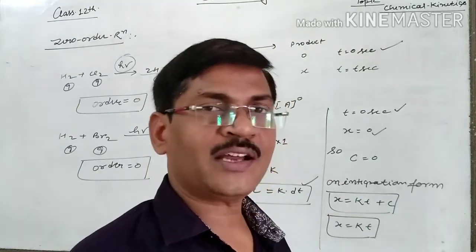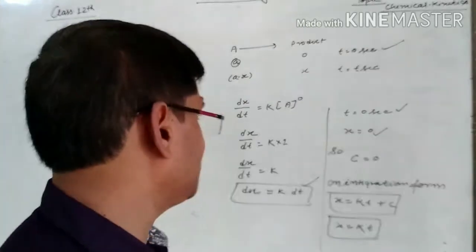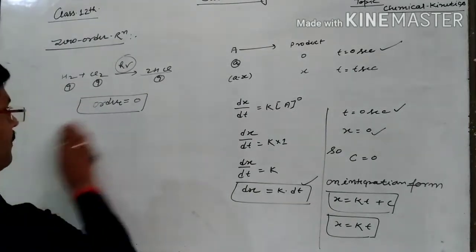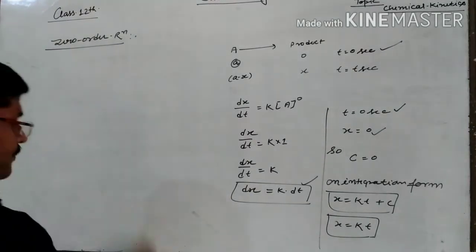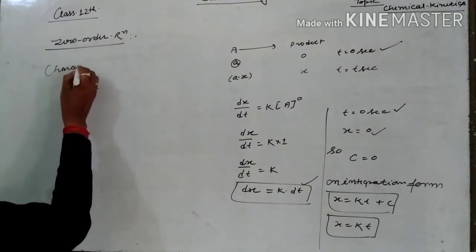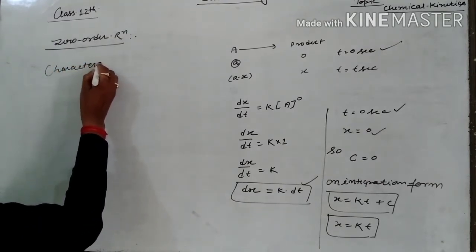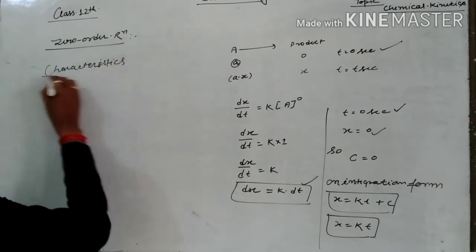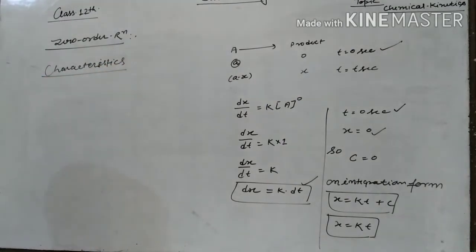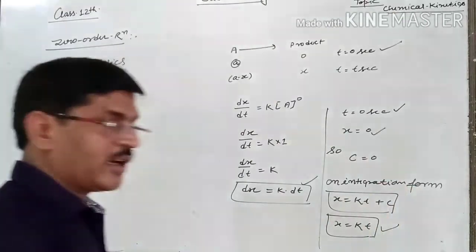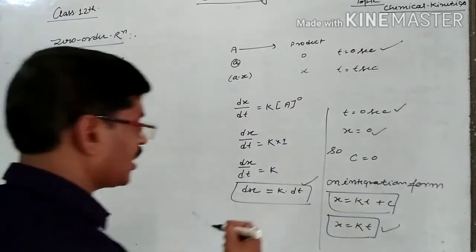After that, what are the characteristics of the zero order? A zero order reaction always follows x is equal to kt.